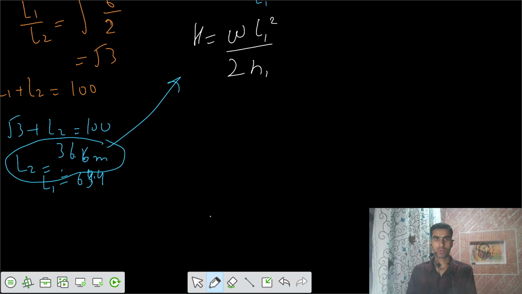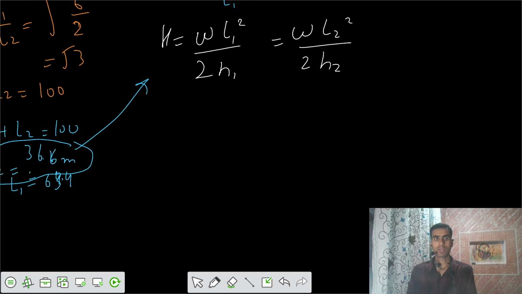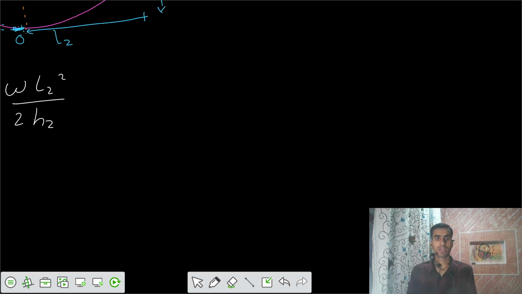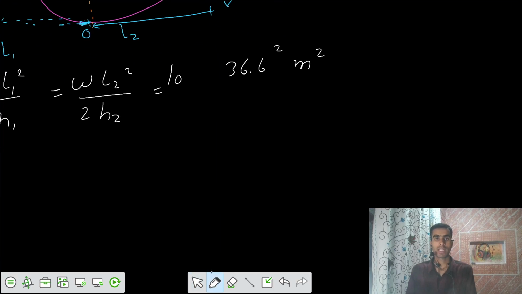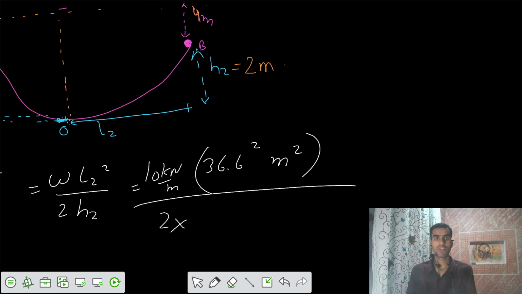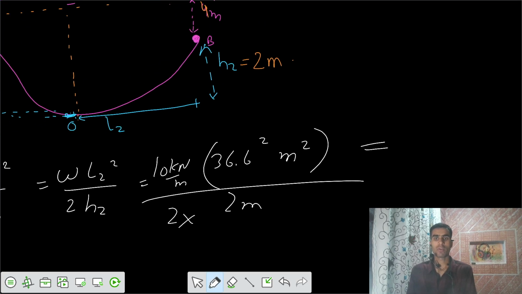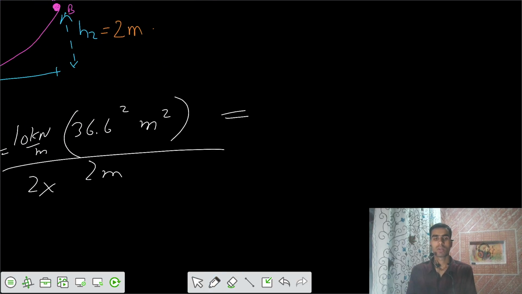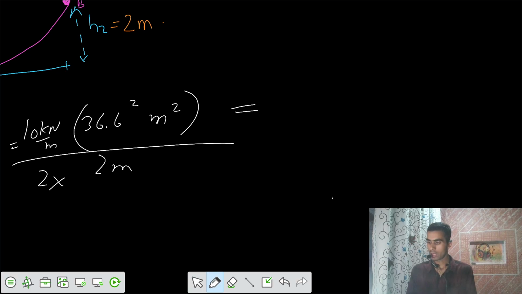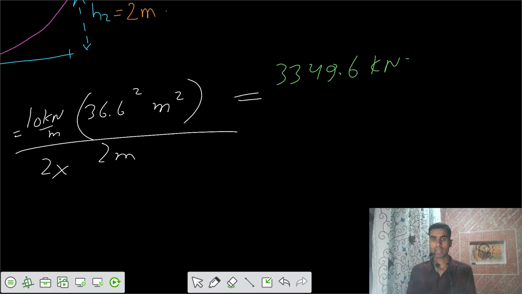Let's substitute in terms of L2. 36.6 meter whole square, and W is the intensity of 10 kilonewton per meter, divided by 2 into H2. What is the value of H2? 2 meter. So the horizontal tension equals 3349.6 kilonewton.